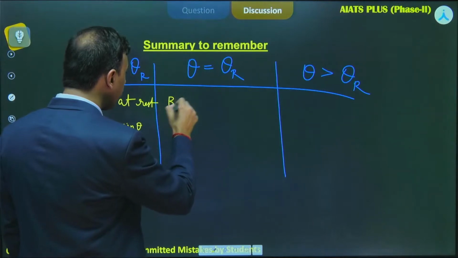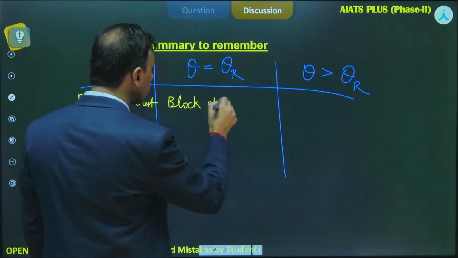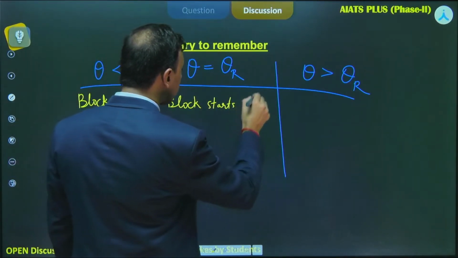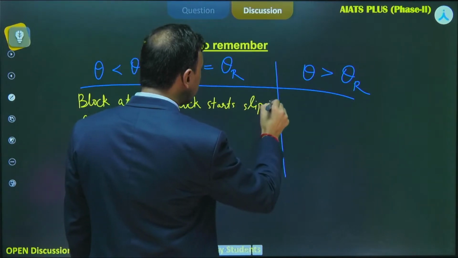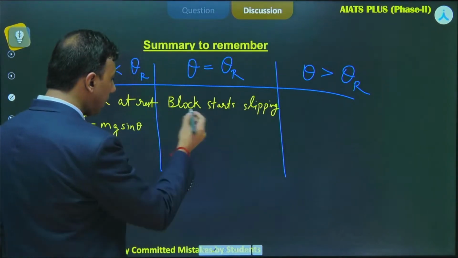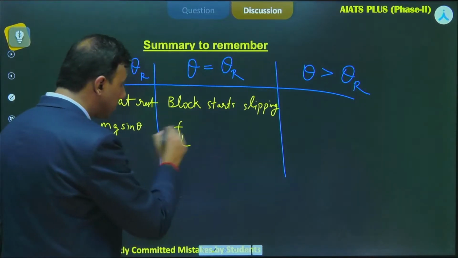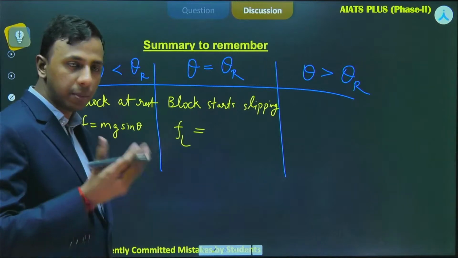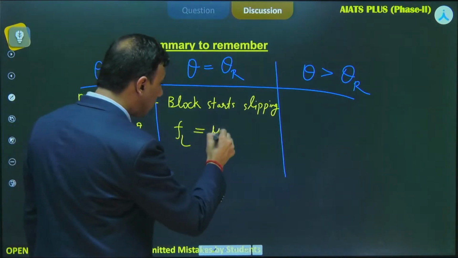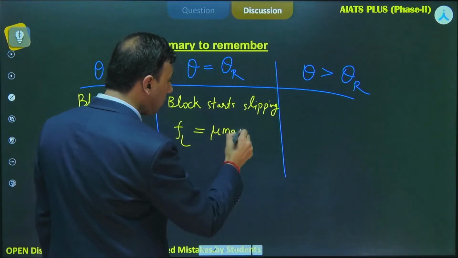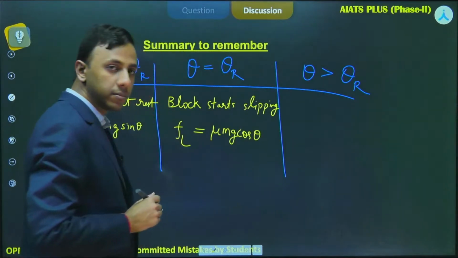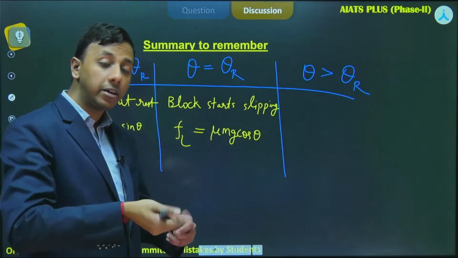So we can say block starts slipping. If you want, you can write it like that. Block starts slipping, right? And here friction, what would be the value? It is the maximum value, and we also call it the limiting value of static friction, or maximum value, and that would be equal to how much? Mu mg cos theta, or it will be equal to mg sin theta, but which theta?